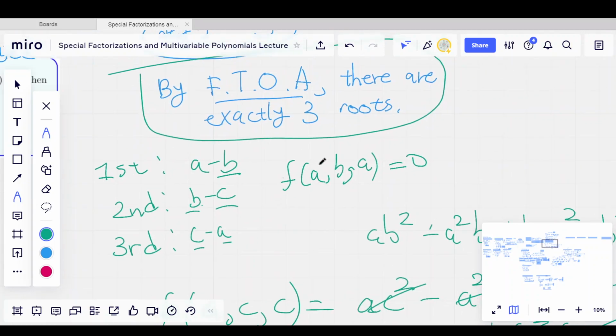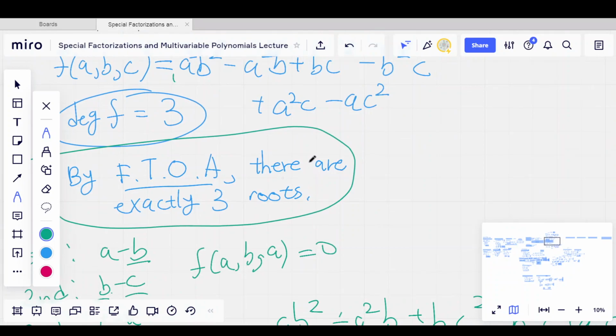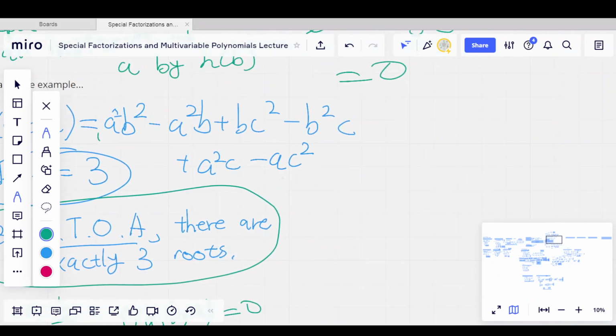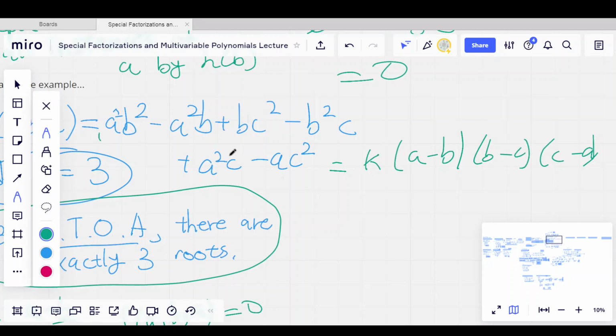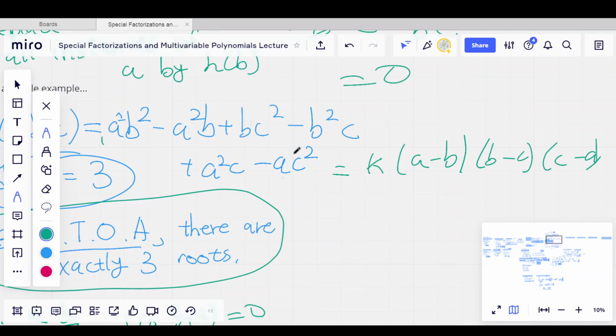Okay, so basically, we can say that this is equal to, careful, k times a minus b times b minus c times c minus a, because we might have a coefficient right over here. So don't get tricked. If you find the 3 roots, you must also find the coefficient. You could plug in a lot of values for a, b, and c.